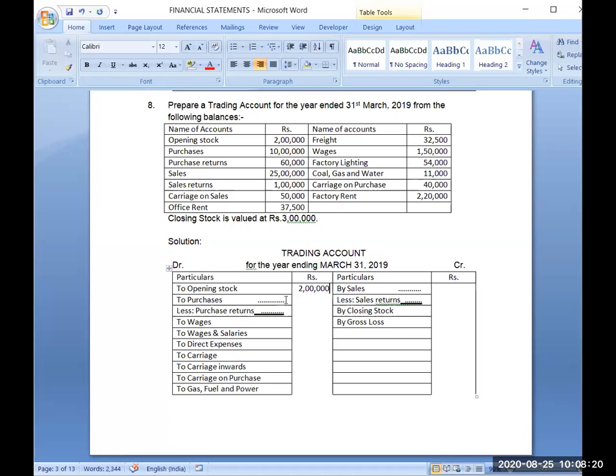Purchases 10 lakh. Because I have to subtract purchase return also, that's why I will write it in inner column. This is outer column and this is inner column. So I will write this amount in inner column, so that I will be able to subtract the amount.